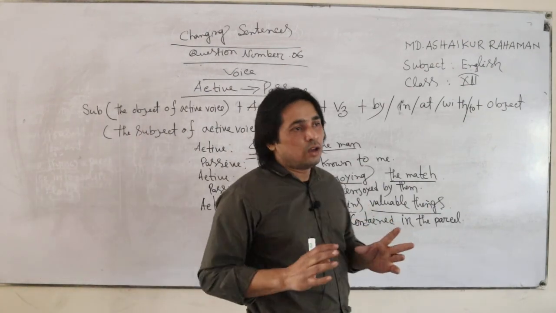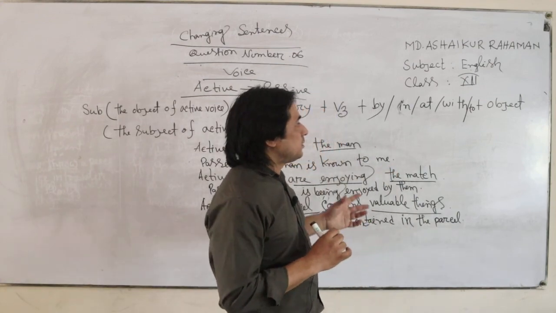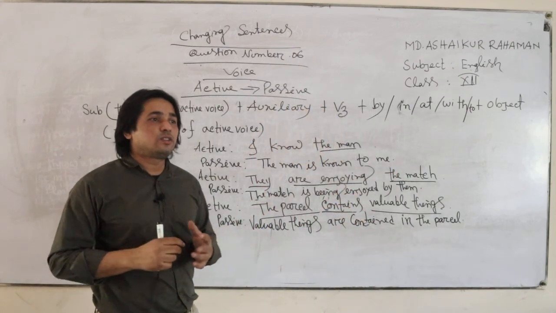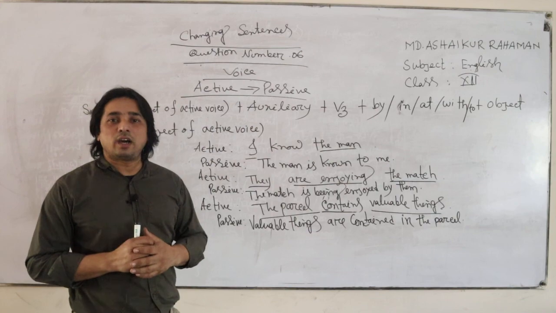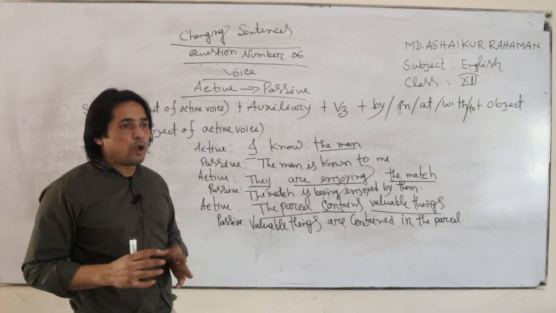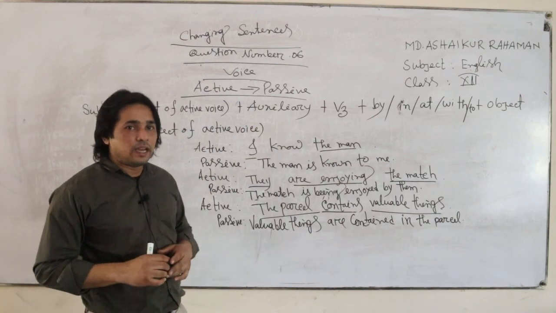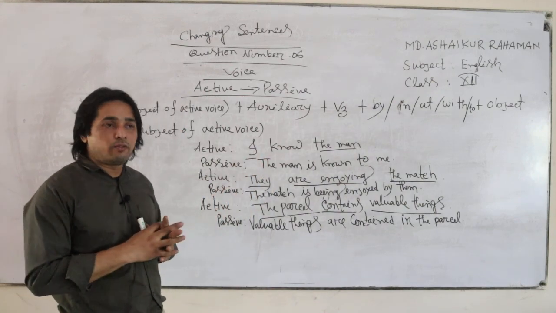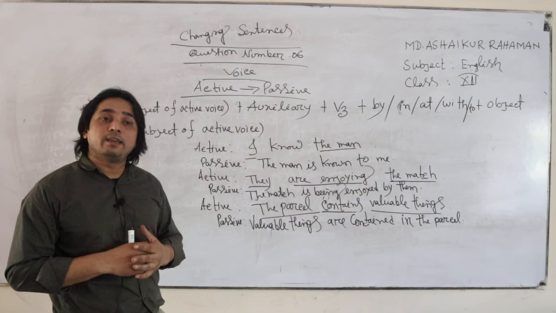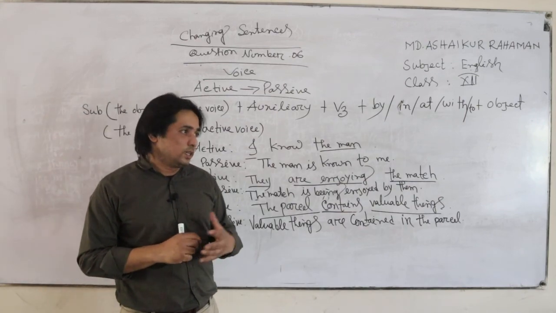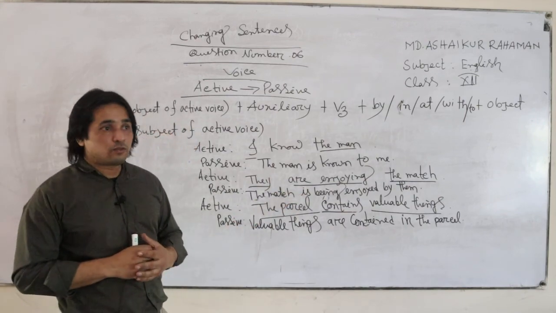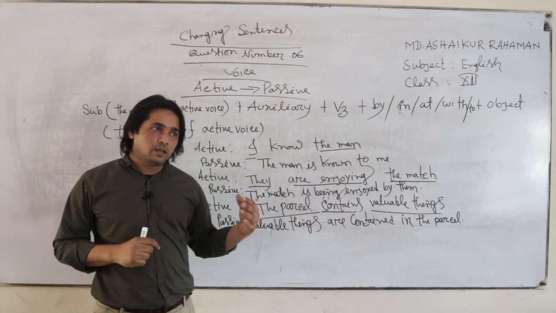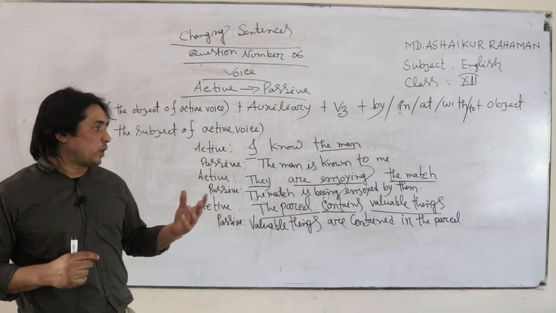That's why we must learn a chart related to auxiliary verbs. And inshallah, in my next class, I will draw the chart on the board and give it to you. I hope it will be very helpful for changing voices from active to passive, or vice versa, passive to active.